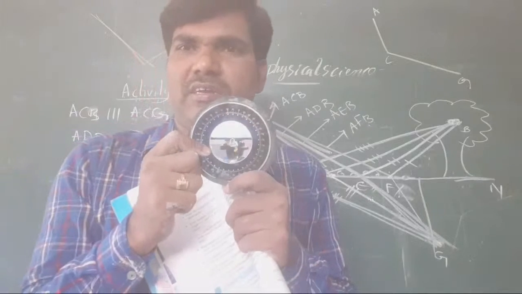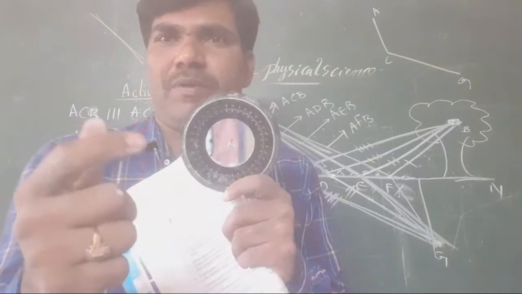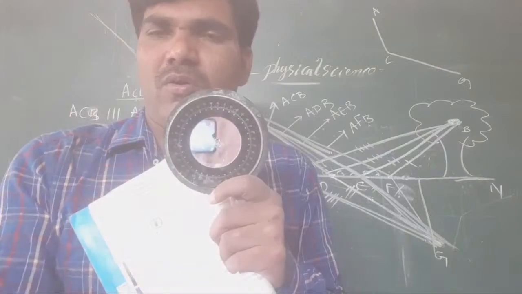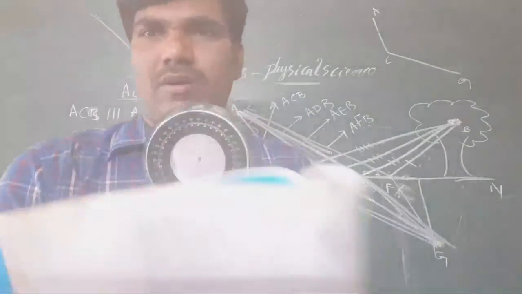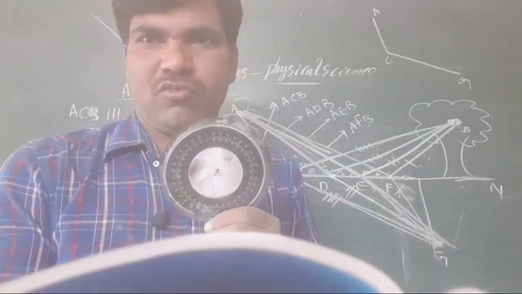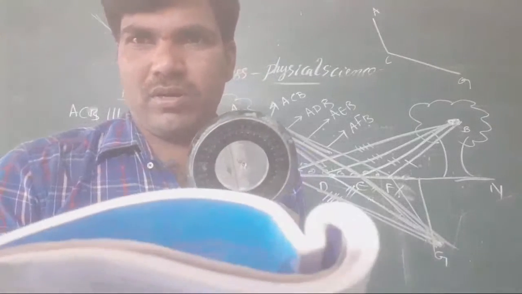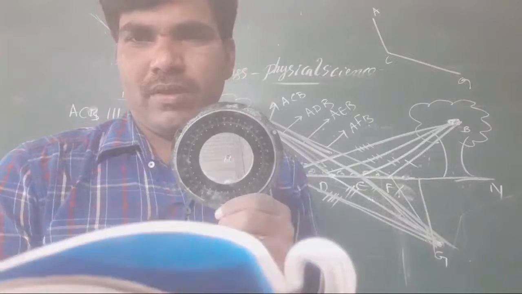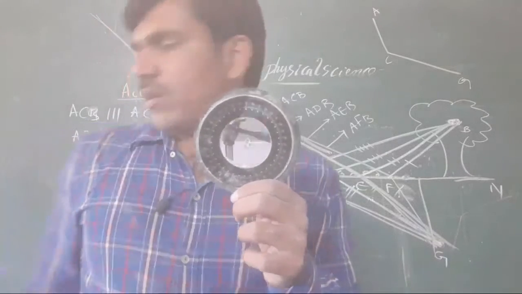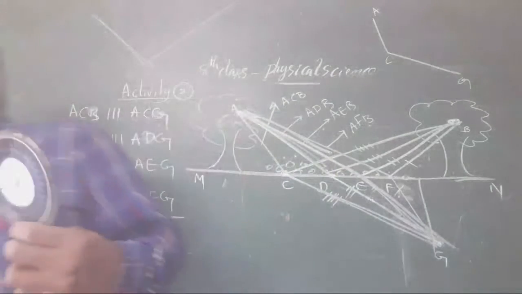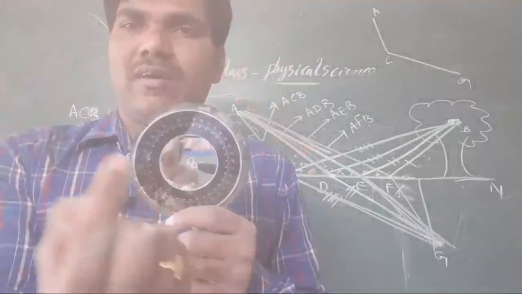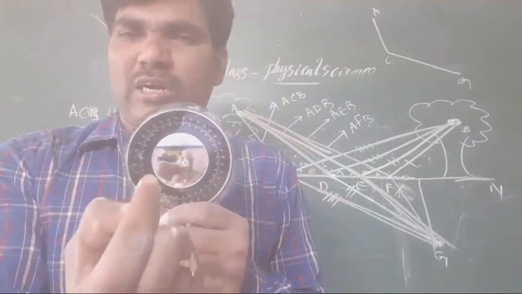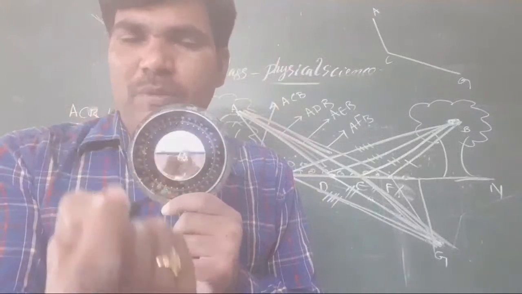Now check it here. Our camera may appear here, or otherwise our textbook may appear like this. In this mirror, in front of it there is an obstacle medium, and you select only a small pinhole.